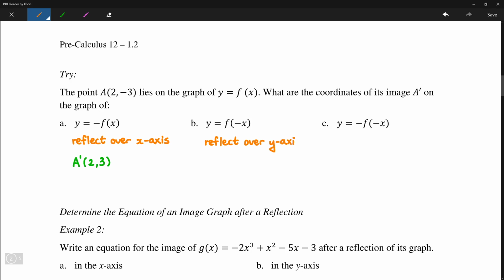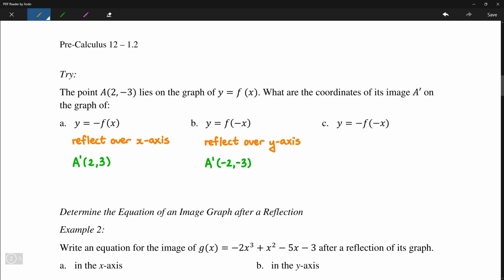And the result would be B prime as -2, -3, because we essentially multiplied the x coordinate by -1.